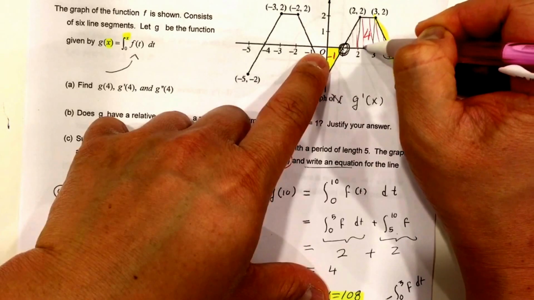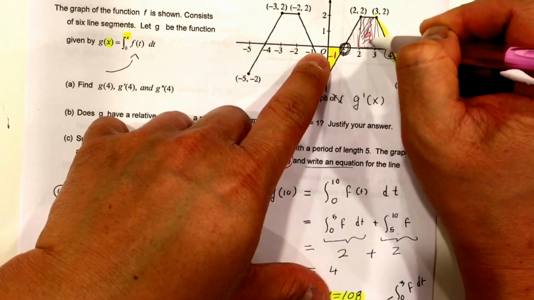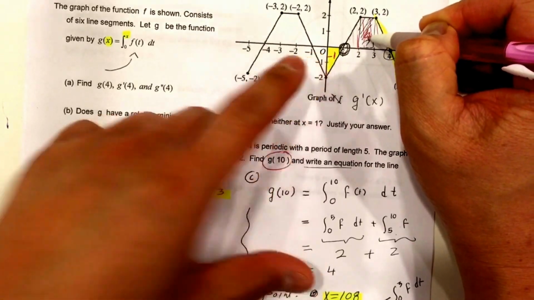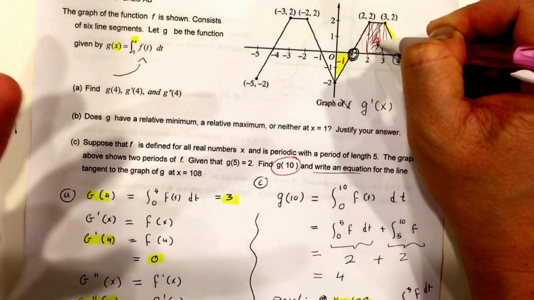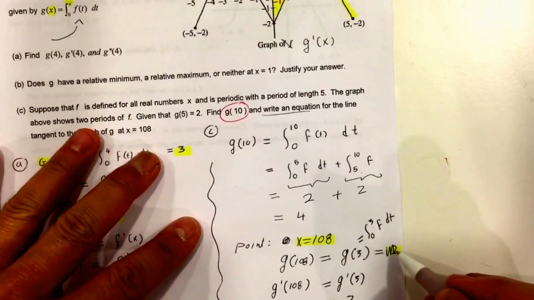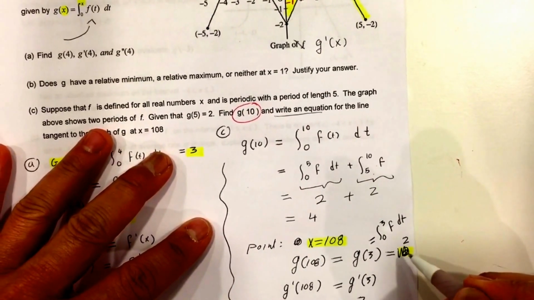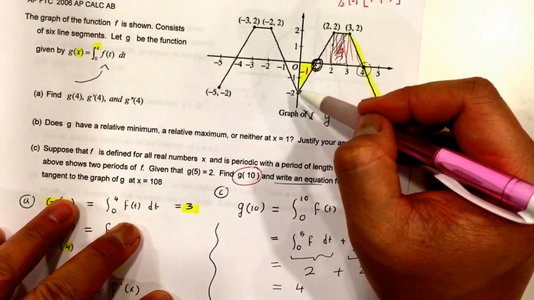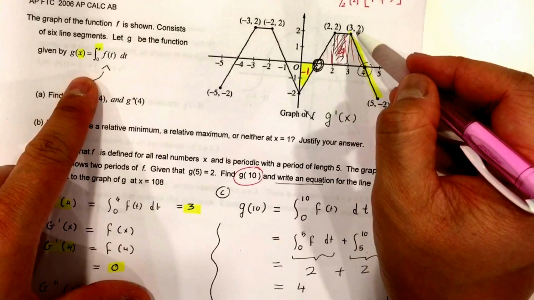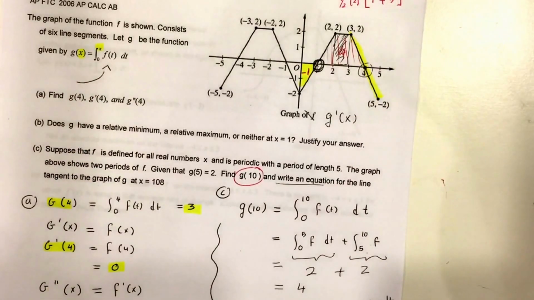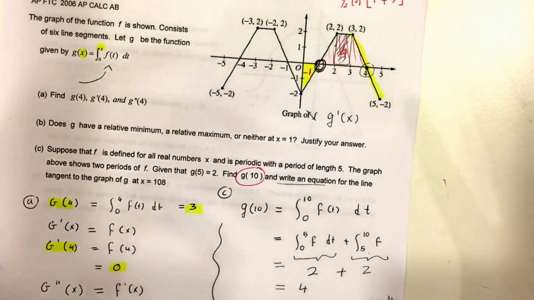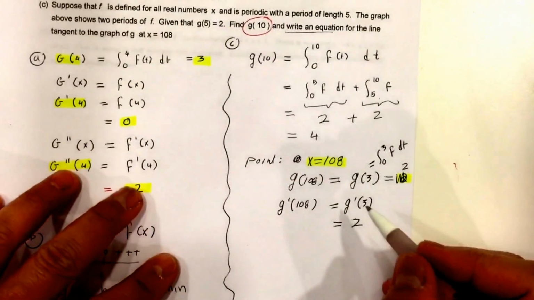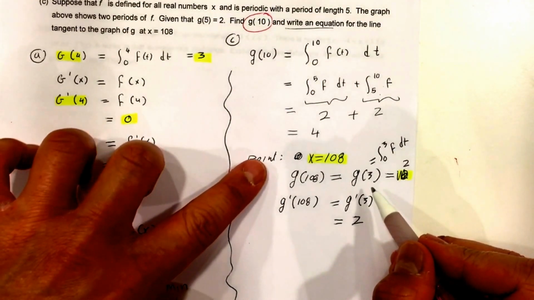And so the only thing you have to calculate is this rectangle, and that rectangle has an area of 2. So it's also 2, but I got it right by accident. I didn't think of it as the function. I thought of it as a point, which is a wrong way of finding g of 3, but it happens to be the same answer. But it's 2.